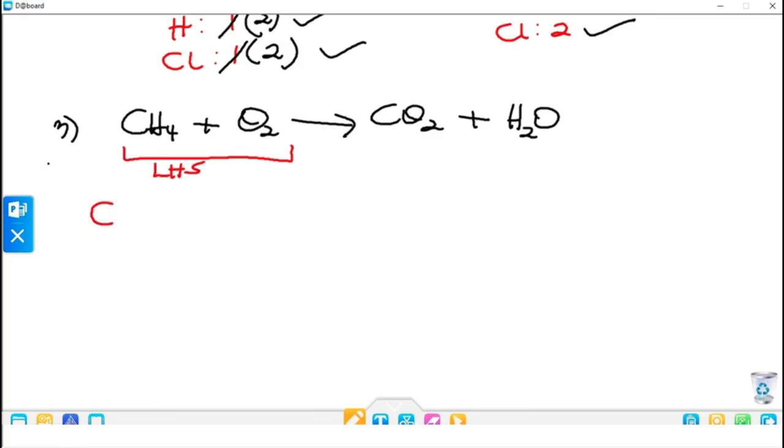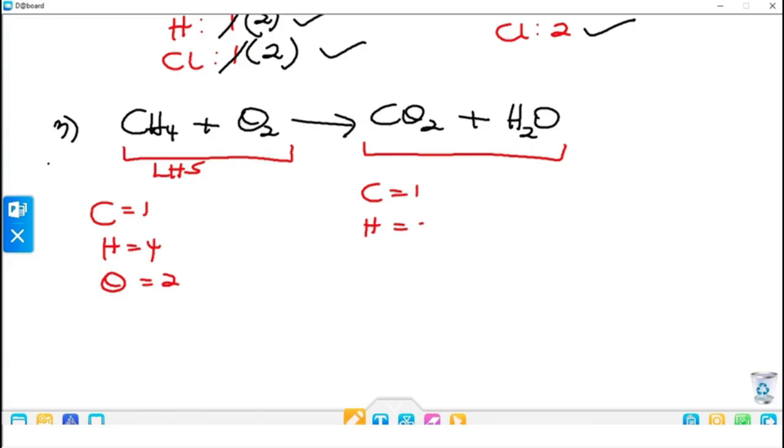We have carbon to be 1 at the left hand side, hydrogen is 4, and oxygen is 2. At the right hand side, carbon is 1, hydrogen is 2, and oxygen is, can you tell me?